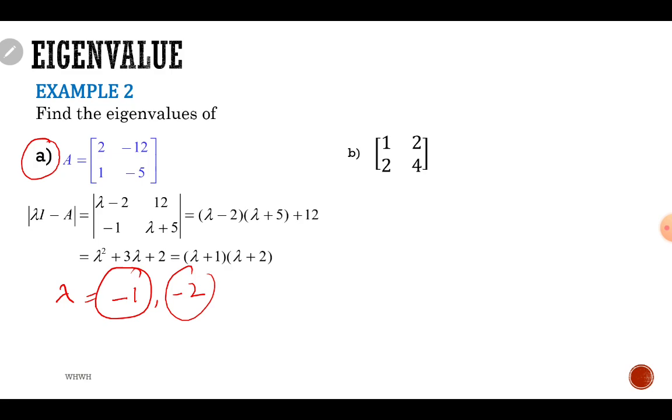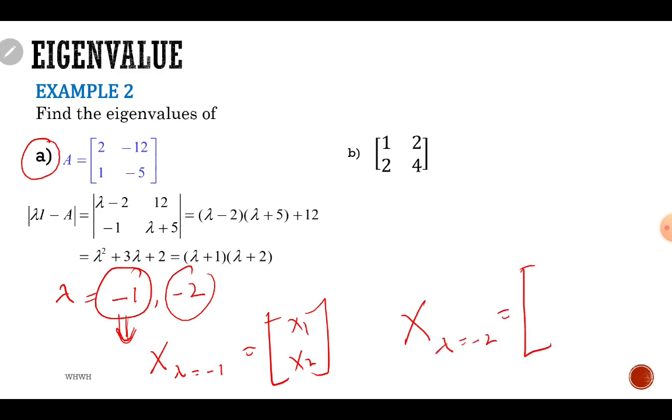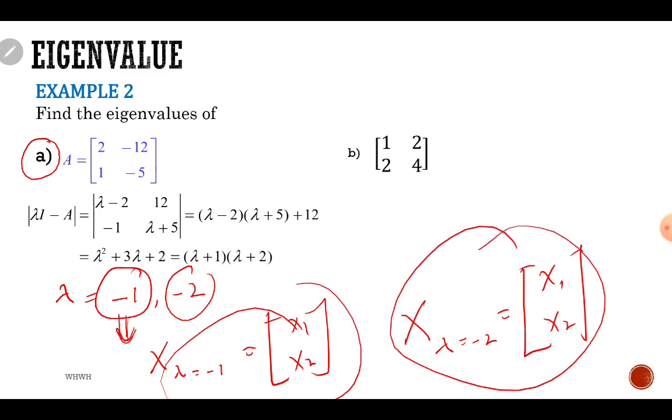Jadi dari sini it indicates to us that we are going to have two sets of eigenvectors. Kita akan ada x ataupun eigenvector untuk lambda equals -1, satu value kat sini x1 and x2 apa dia punya value, and another one we're gonna have eigenvector for lambda equals -2, another value for x1 and x2. Alright. Okay, now let's proceed on how to find this eigenvector for lambda equals -1 and lambda equals -2.